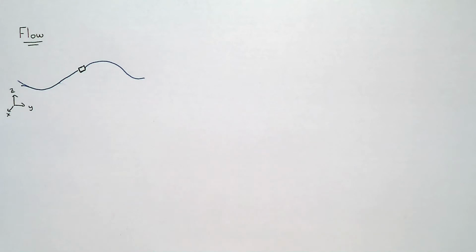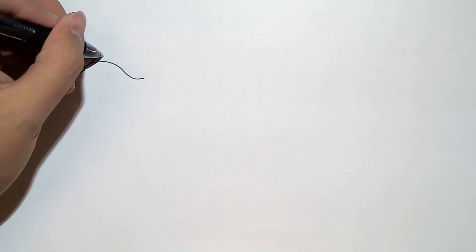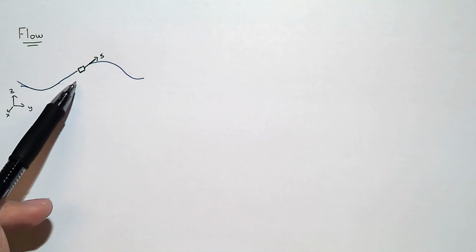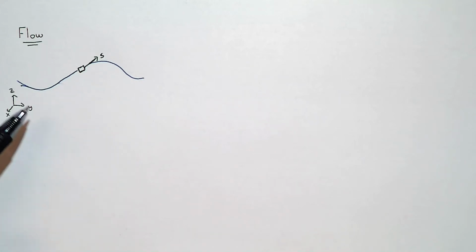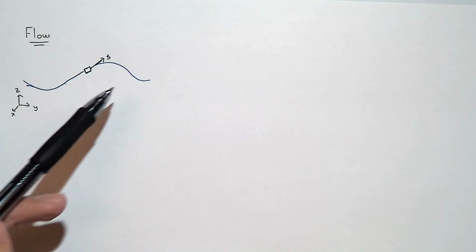In other words, we can define a streamwise axis, which I'm going to call S, as an axis that's always tangent to my streamline. Now, this may be a little bit confusing because if you look at the shape of the streamline, then my S-axis actually changes depending on where my control volume is, right? If my control volume is here, my S-axis is actually pointing in this direction. If my control volume is here, my S-axis is actually pointing more or less in the horizontal direction.